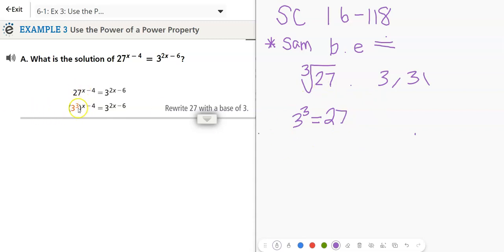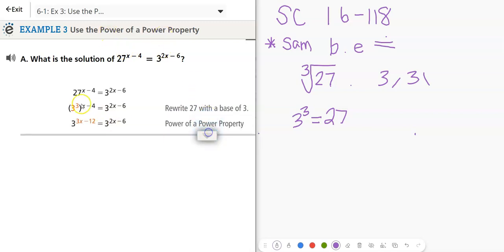Once I replace 27 with 3 cubed, I can now start applying my power of a power property. Any power raised to another power means I'm going to multiply. So now I have a distributive property problem. I'm distributing this power of 3, multiplying it by x, and distributing it to the minus 4.